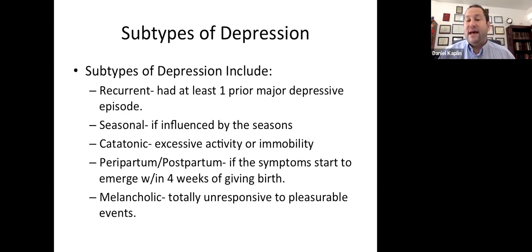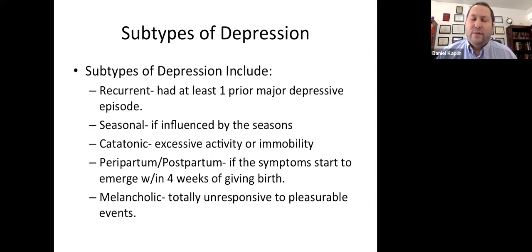And I will say that we say seasonal onset because even though some people have the winter blues, it is possible for people to have the summer blues as long as it's consistent for multiple years in a row. We also have a catatonic subtype. Catatonia we'll talk a little bit more about when we talk about symptoms of schizophrenia, but we see it with mood conditions.